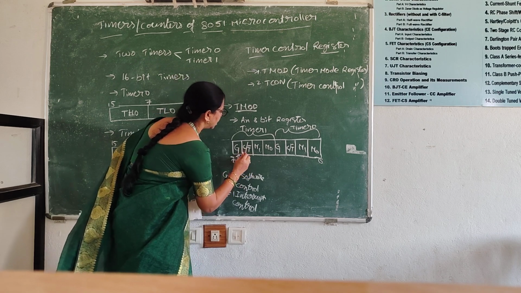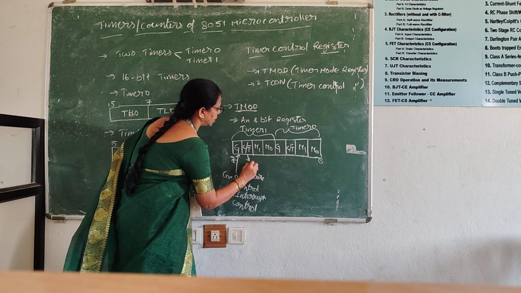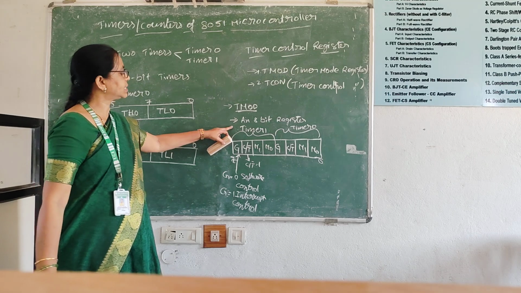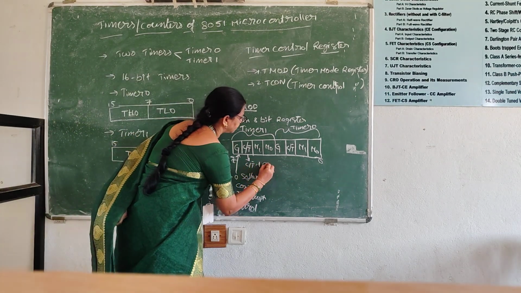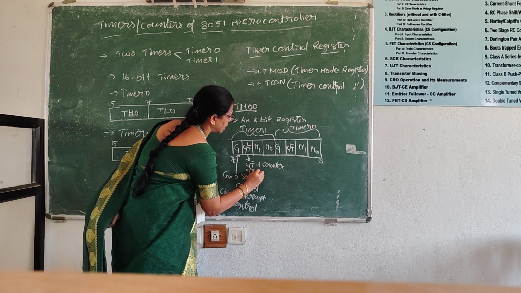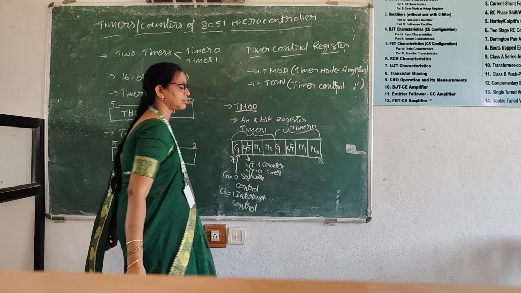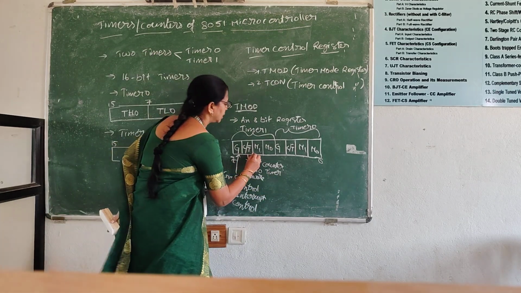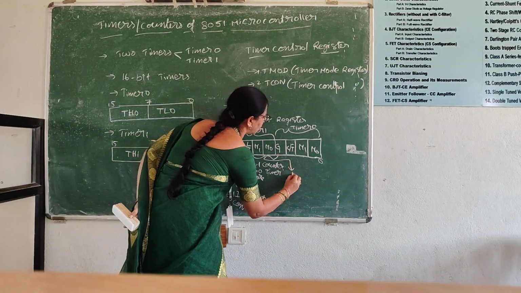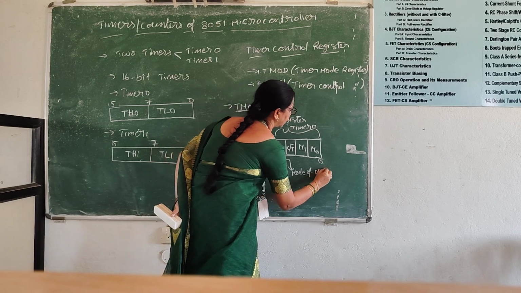C/T bar, that is counter or timer. If C/T bar is equal to 1, the timer operates in counter mode. If C/T bar is equal to 0, it works as a timer. The next 2 bits, M1 and M0, define the mode of operation.